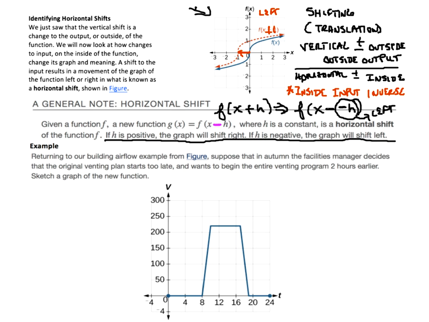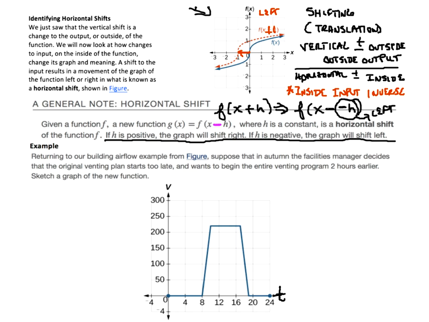So let's return to the airflow example here. Suppose that in the autumn, the facilities manager decides that the original venting plan starts too late. Notice they're talking about the input value, time, now. It starts too late, so they want to shift it earlier.